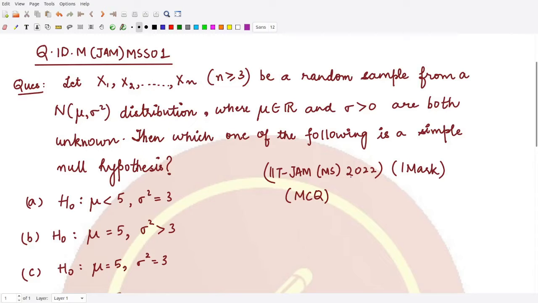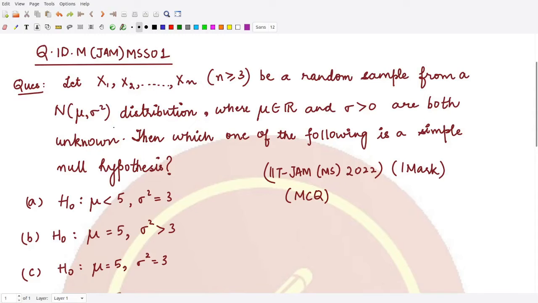So here in the question they are saying if x1, x2 up to xn, where this n is some number which is greater than or equal to 3. So we have a variable kind of variables here, right? These are taken as a random sample from a normal distribution which has mean as mu and which has sigma square as variance, right?